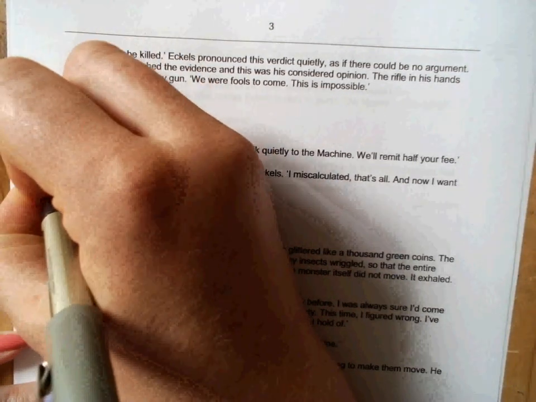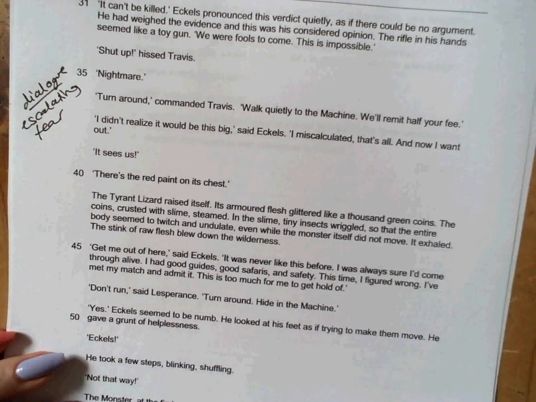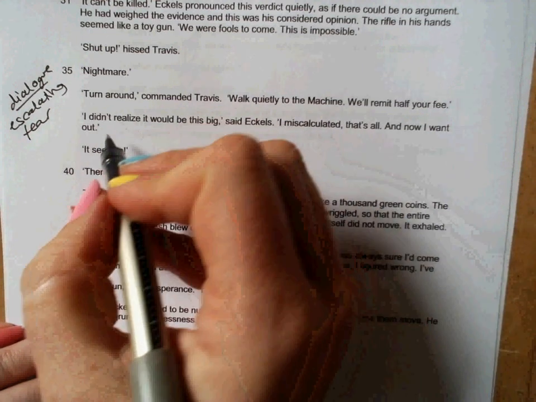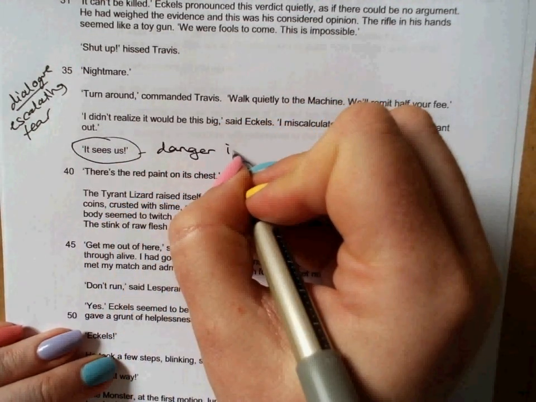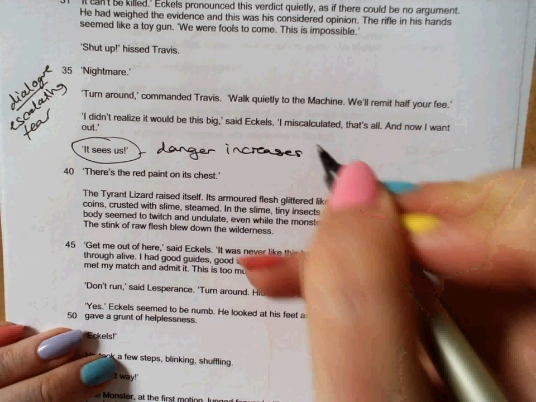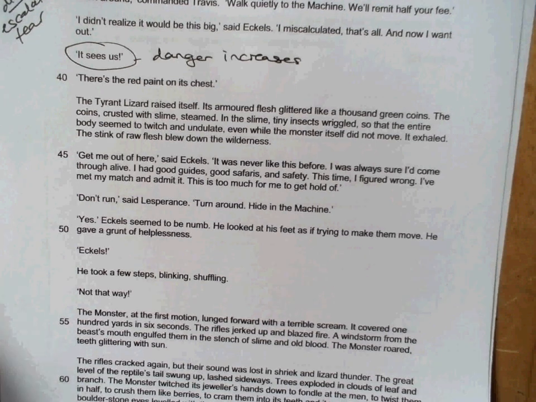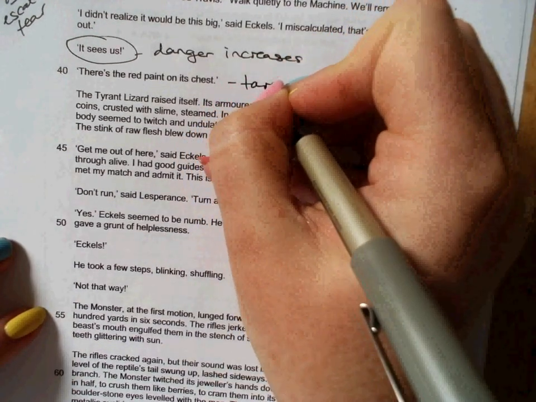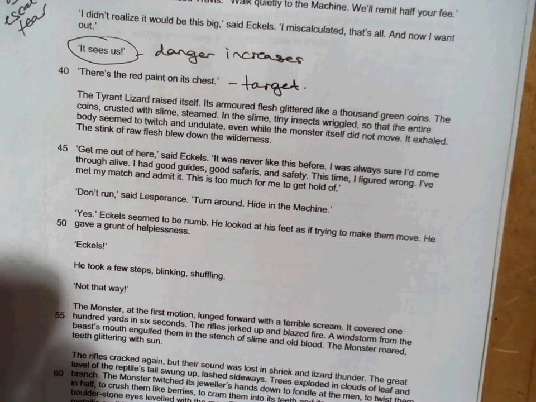The men are getting more and more frightened, and the dialogue is showing us that the danger is increasing, because the dinosaur hasn't spotted them. We could mention the reference to the red paint on its chest, which is interesting, because it makes us think about it being a target, and therefore something that is hunted, and yet in this situation it seems to be the dominant force in the jungle.